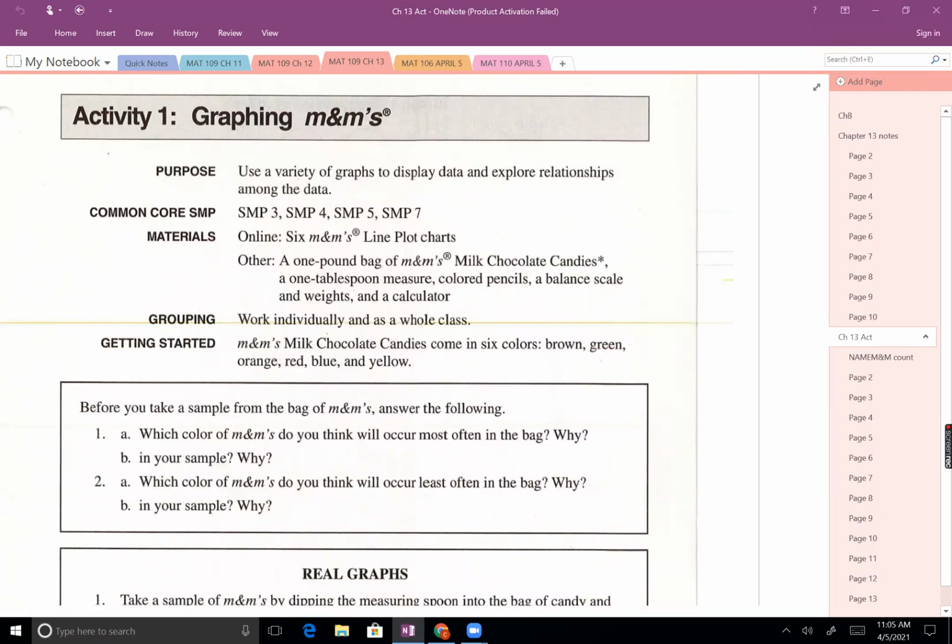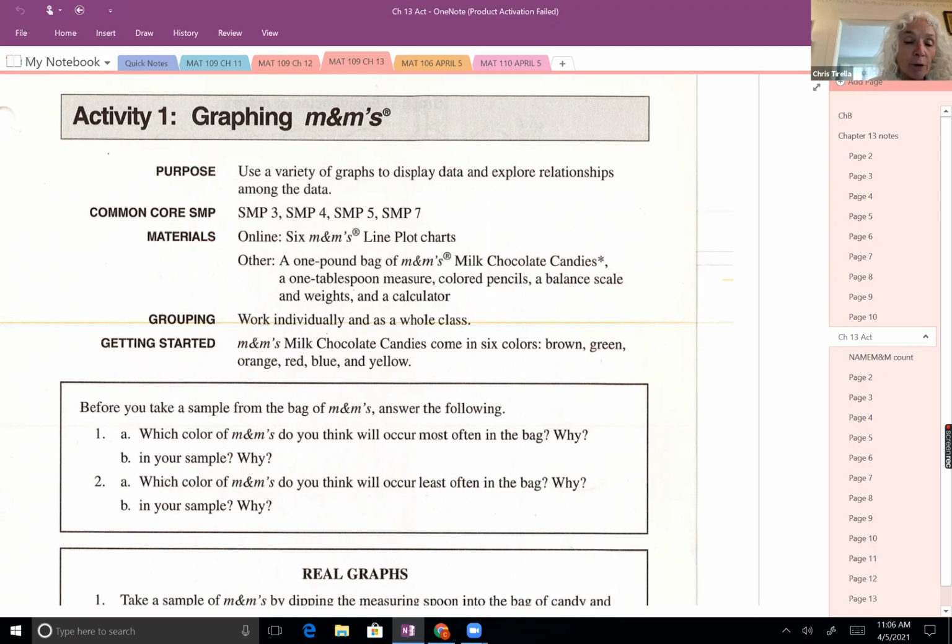I got mine. Yes. Okay, then for this activity, I'm going to just do a little bit of the starting part for you. If you have a measuring spoon, what you're supposed to do is measure out 1 tablespoon of M&Ms.